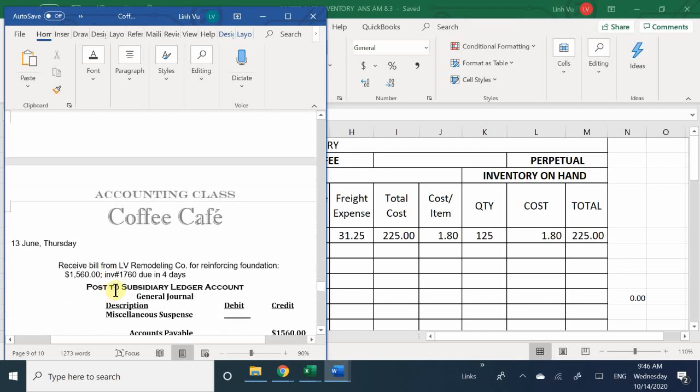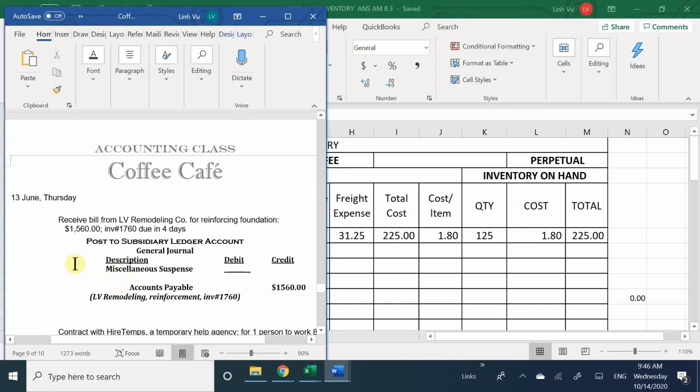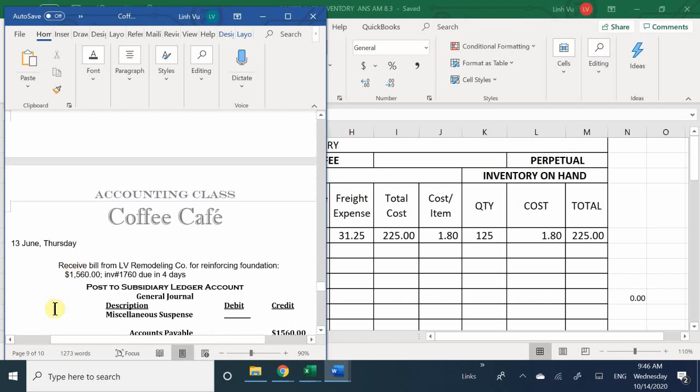All right. So what else happened on the 13th of June? Received a bill from LV Remodeling Company for reinforcing foundation to the amount of 1,560. Invoice 1760, and it's due in 4 days.